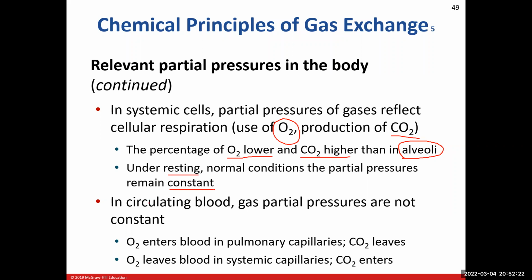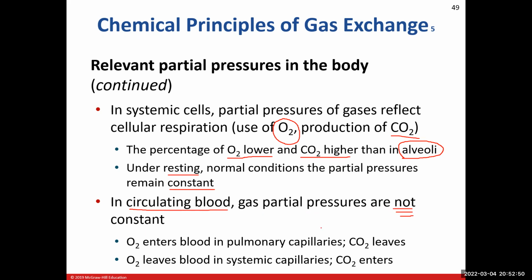When these gases are circulating in your blood from your lungs to the systemic cells, this is very important. Their partial pressures are not, I repeat, are not constant. They will change. And you're thinking, oh my gosh, she's making this more complicated. I'll explain to you what I meant by that. You'll see it all with numbers.